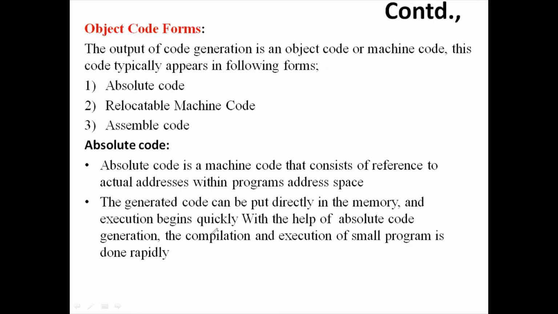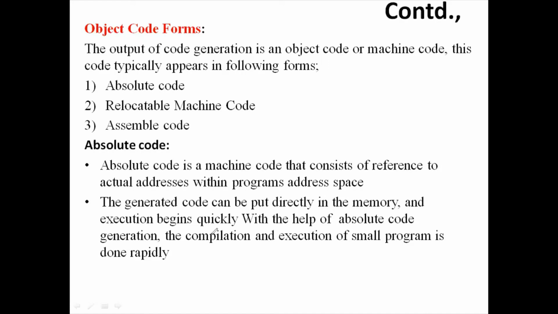So this is absolute code: it is machine code, the address is placed into the program address space, the generated code can be placed directly into program memory, and once placed you can start the execution immediately. Generally, only small programs can be compiled and executed quickly.